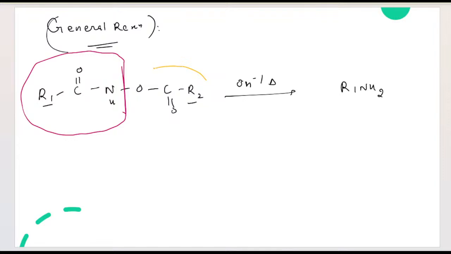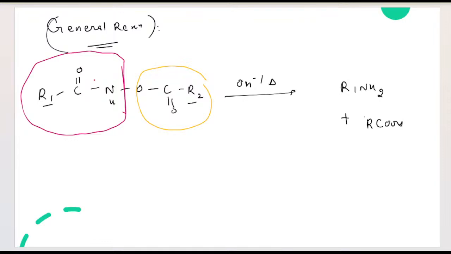This part goes with the acid, RCOH, a kind of acid.